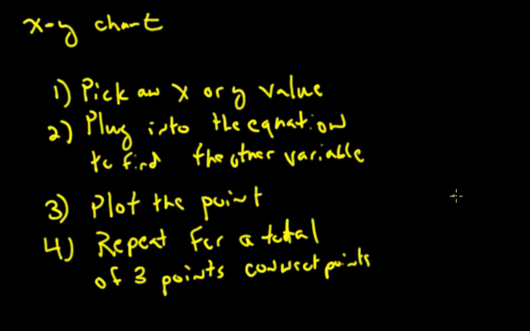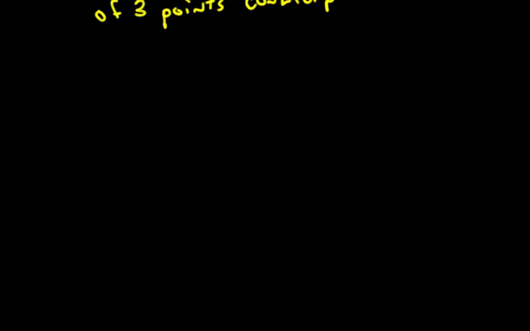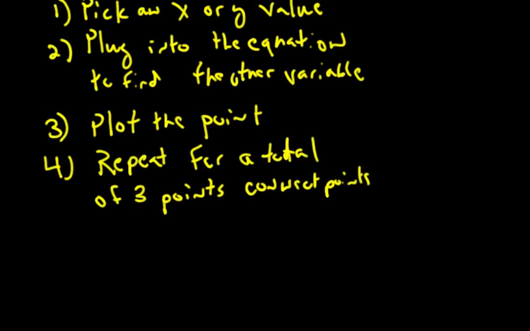So let's do this out. Let's go with an example we've been using here. So we're going to look at 2x plus 3y equals 4. We're going to make our xy table over here.